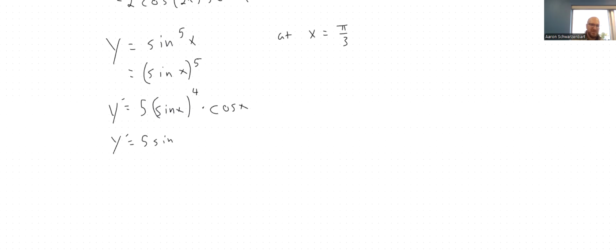I'd go back to shorthand notation to simplify. Now it asks me for pi over 3. I probably don't want shorthand notation there. Let's see. Sine of pi over 3 is square root of 3 over 2. I know my unit circle.